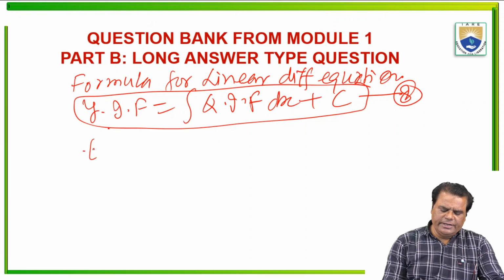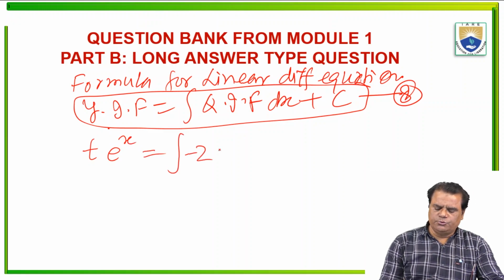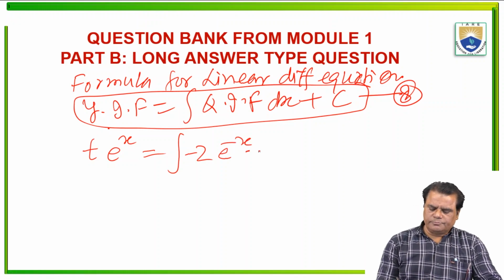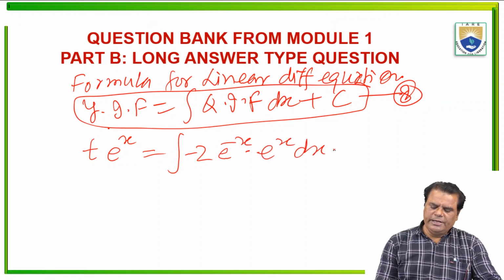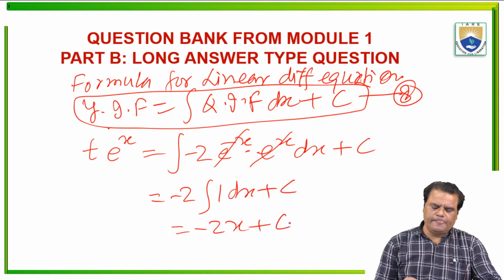So y is t here and integrating factor is e to the power x. This is equal to integration q, minus 2 e to the power minus x, dx plus c. This cancels to this, minus 2 is common, dx plus c, minus 2x plus c.